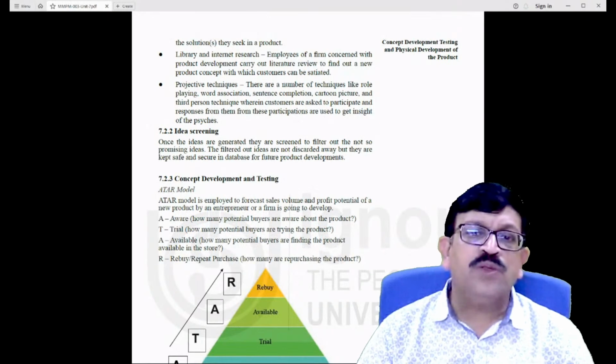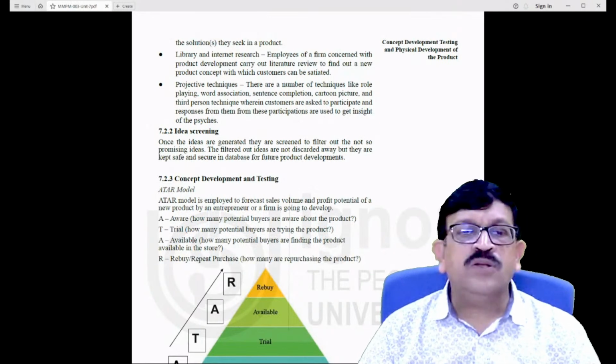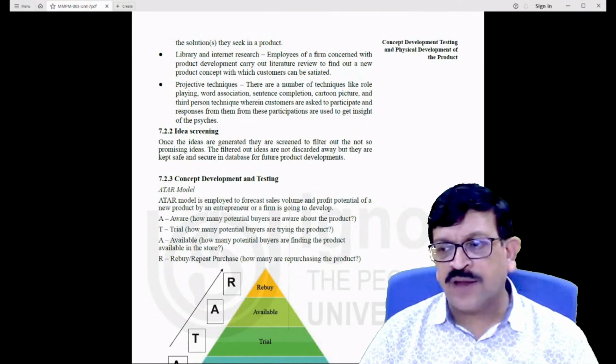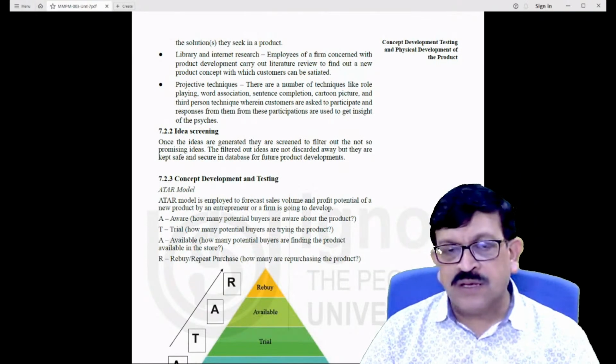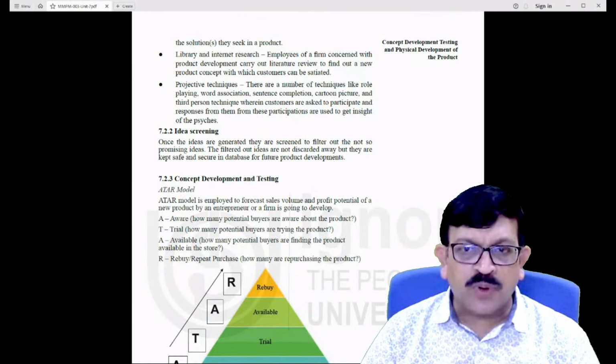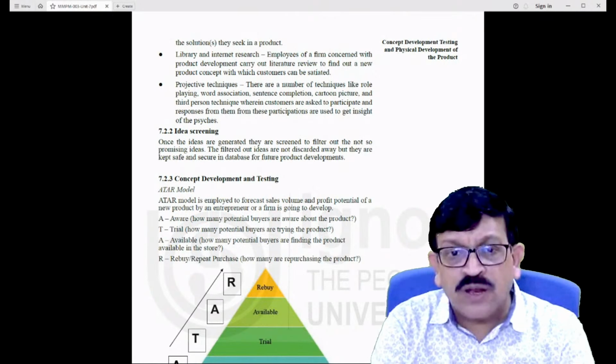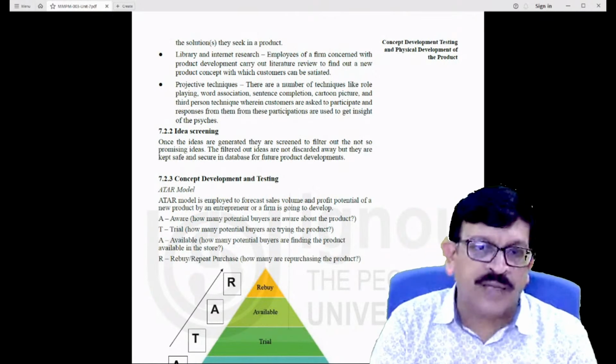So next we move into concept development and testing. The ideas have to be further converted into tangible products and services. Before I get into any kind of product offering, I need to know what kind of product should come out of that particular idea.